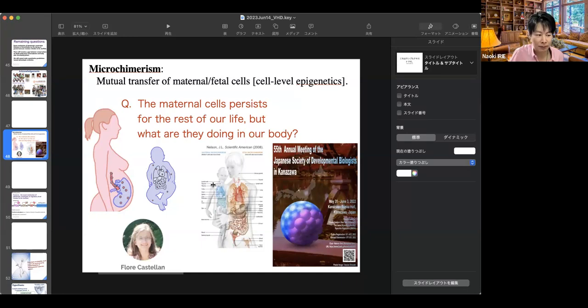So it's a cell-level epigenetics, and it's also happening in our body. Not only the epigenetic markers like methylation, but the cell itself is also inherited by our body. And in development, our body is somehow coping with those non-self cells to create our body. So I'm not sure how we can incorporate this idea into the model, but it's just one research topic from our recent study.